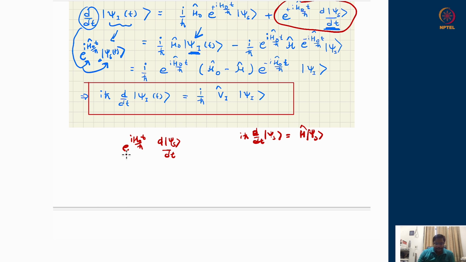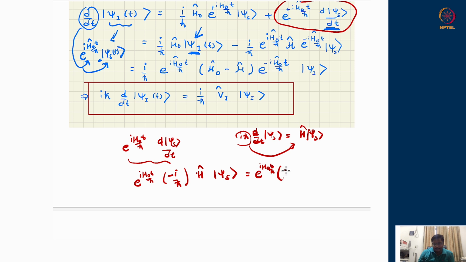So therefore, this expression can be written as e to the power i H naught t upon h bar, and for the time derivative of the Schrodinger picture, I can write it as minus i upon h bar, since i upon h bar going to the right hand side will become minus i upon h bar. Then I will get H times psi S, which can further be written as e to the power i H naught t upon h bar times minus i upon h bar.